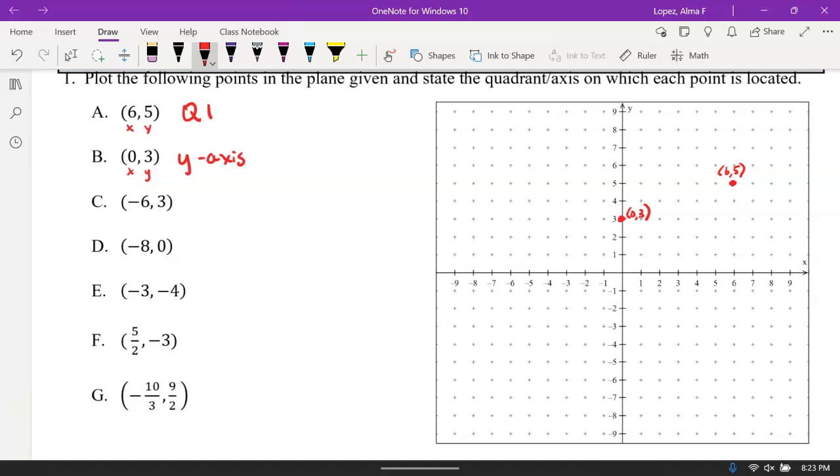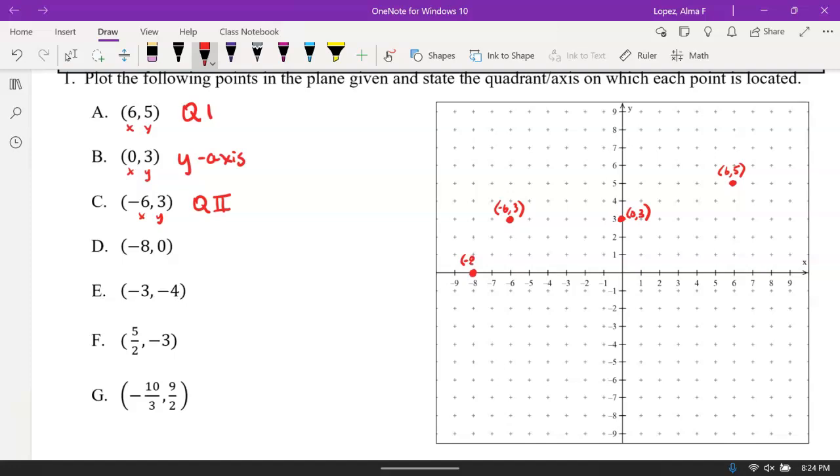Let's plot the point -6 and 3. This is the point -6 and 3. What quadrant would that one be considered to be in? 2 is correct. So quadrant 2. Let's plot the point -8, you do the x first, and 0.